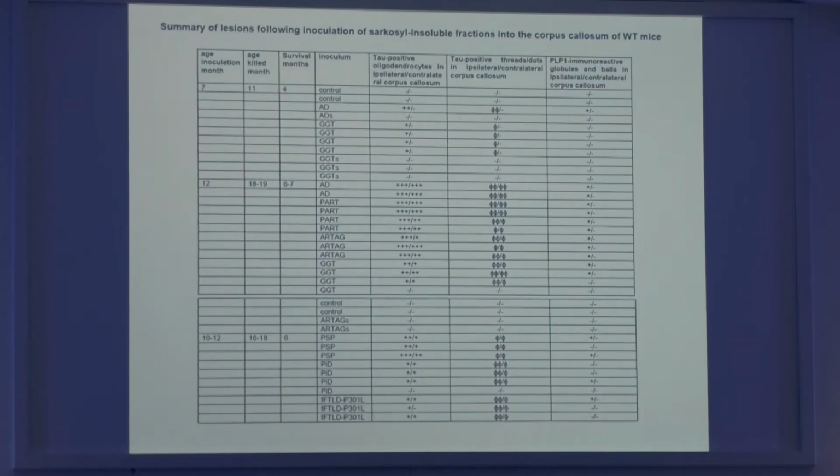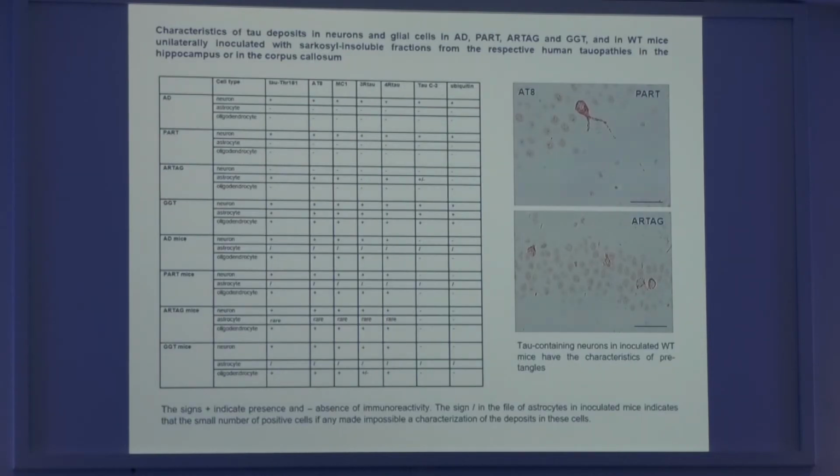Here are the alterations in the corpus callosum, and here the differences between human samples and the animals. What we can see is that there is not an exact reproduction of what happens in the human brain when the model is the mouse.